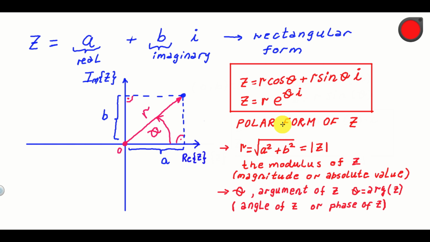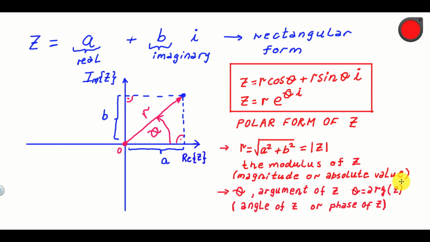Let's explain this polar form. From this triangle over here, we can see that r can be expressed like this. The number r is called the modulus of the complex number z. In the literature, you will also find that the modulus is called the magnitude or the absolute value of the complex number.